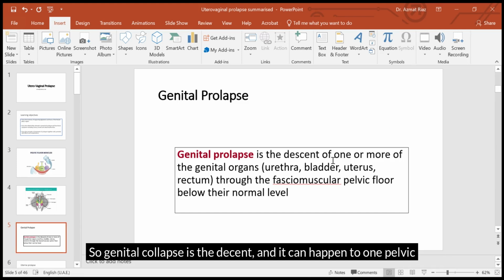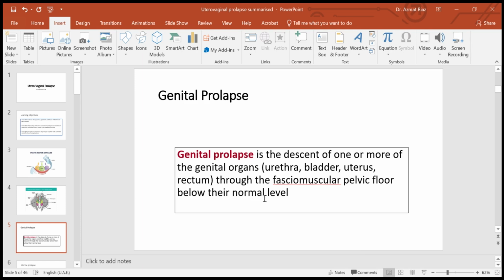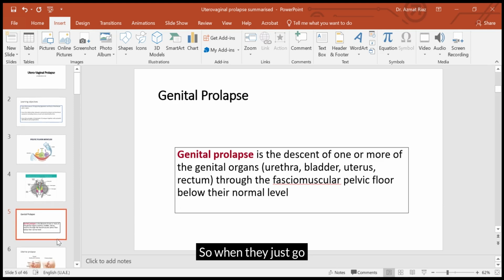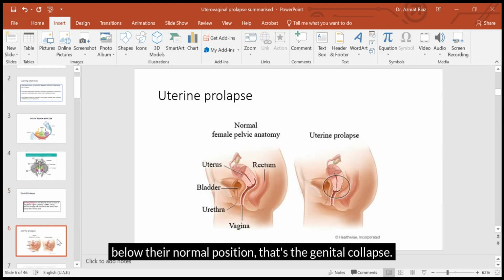So genital prolapse is the descent of one or more of the genital organs, which can be even the urethra, urinary bladder, uterus, or rectum, through the pelvic floor below their normal level.